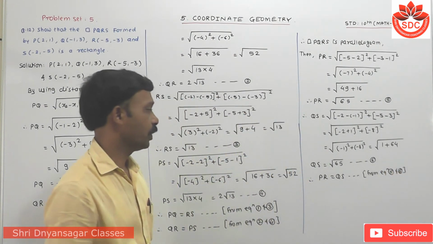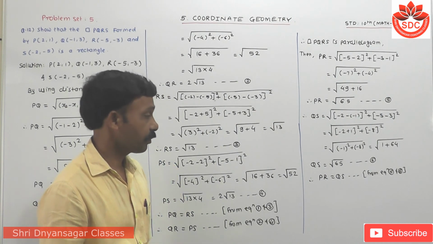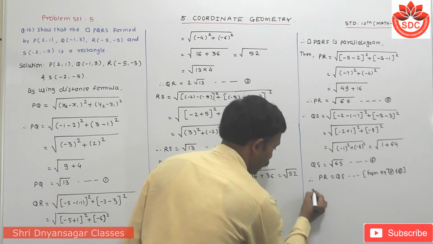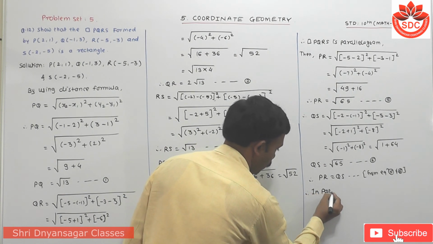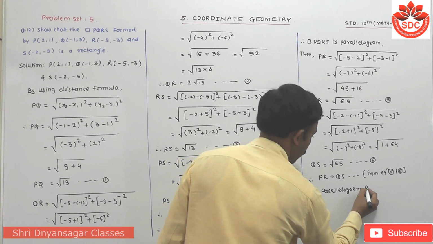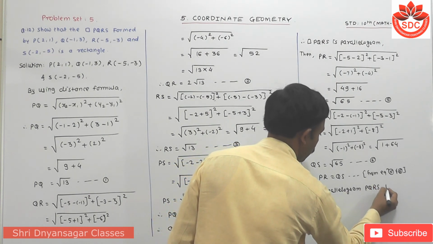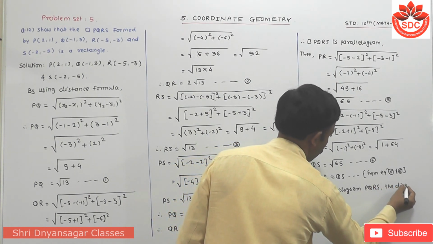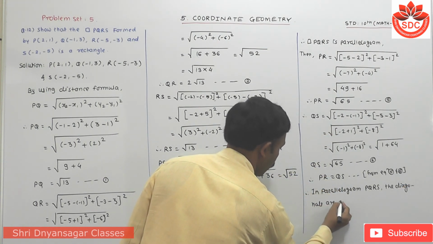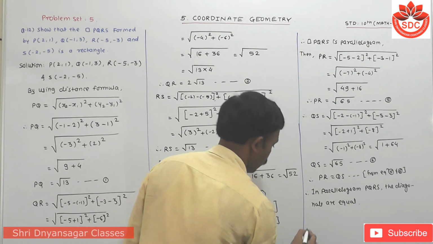Okay, from 5 and 6 we conclude that PR is equal to QS. Now student, in parallelogram PQRS the diagonals are equal.